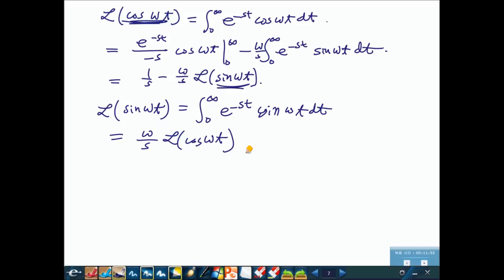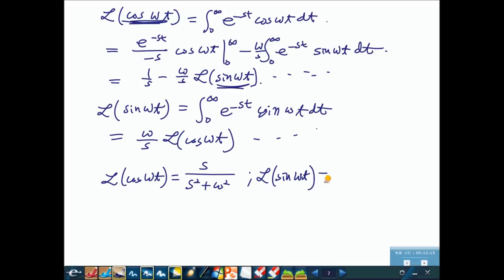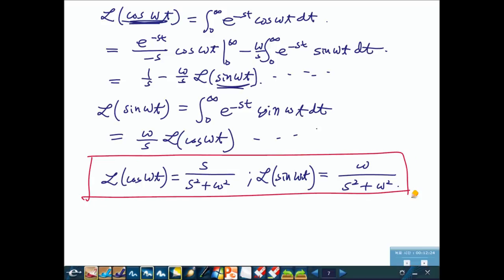And so these are two equations that relate to each other, so you can add and subtract them and solve. Eventually, the Laplace of cosine omega t is s over s square plus omega square, and the Laplace of sine omega t is omega over s square plus omega square. I'm skipping the calculations, but you can do it yourself.